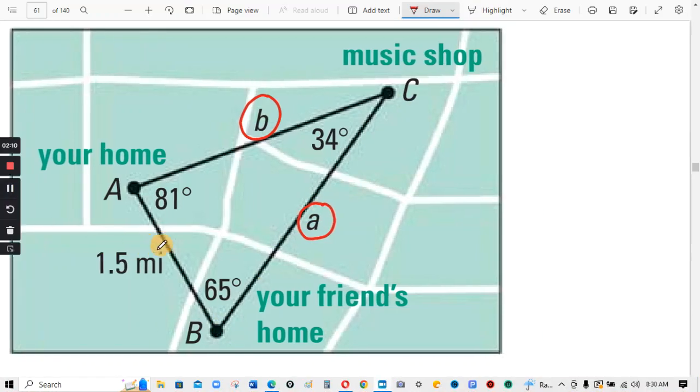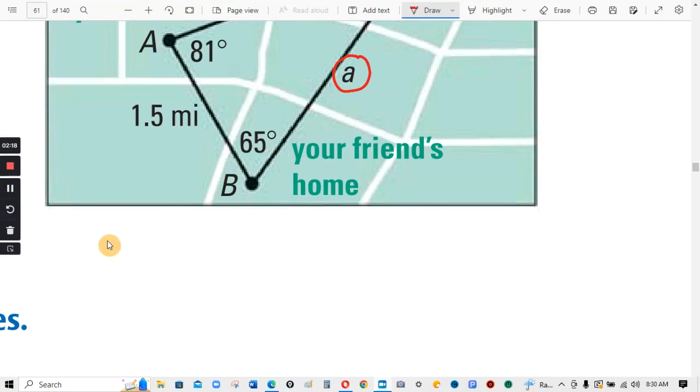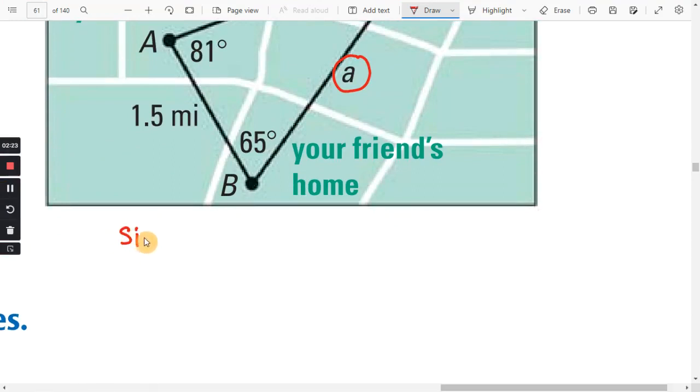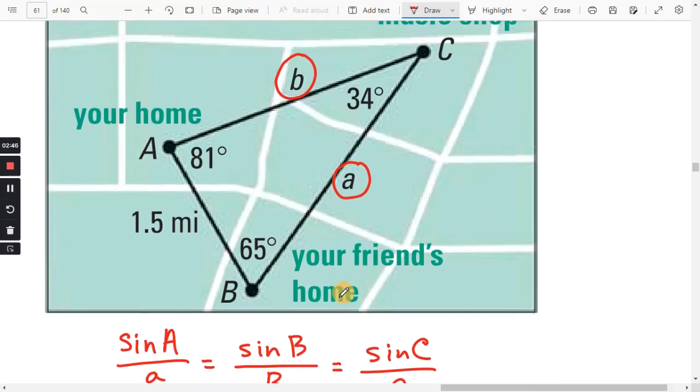Now we can set up all three fractions. So we said the law of sines: sine of angle A divided by a equals sine of angle B divided by b equals sine of angle C divided by c. You can only solve for one variable at a time.